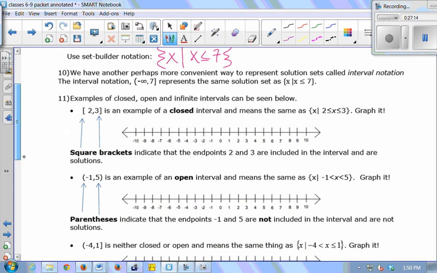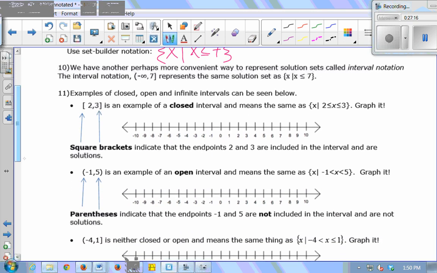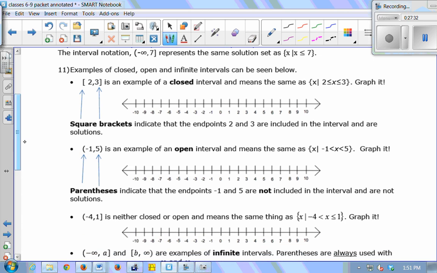All right. So the parentheses negative infinity to 7 represents the same solution set as this set builder, the set of all x such that x is less than or equal to 7. So closed, open, infinite intervals, these are all possibilities. If I have 2 comma 3 with square brackets, that means all the numbers from 2 to 3, including the 2 and the 3.